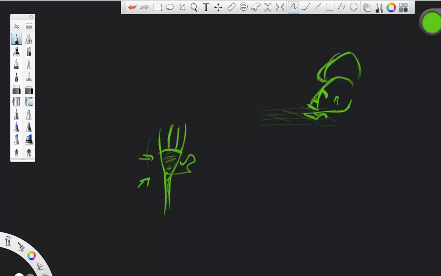Maybe you can exaggerate this even more, so it becomes like this, and this is 3D, then obviously you can go crazy, and then when it is coming down on the table, then it is gonna reach this position, so it can be like this, it can be like this.